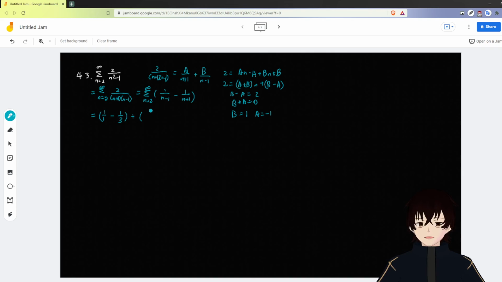plus, for n equals 3, 1 over 2 minus 1 over 4 plus 1 over 3 minus 1 over 5, all the way to 1 over n minus 2 minus 1 over n, plus 1 over n minus 1 minus 1 over n plus 1.